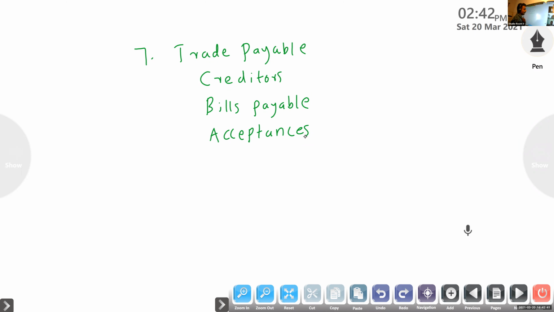Next, other current liabilities: outstanding expenses, income received in advance. What are outstanding expenses? If anything is payable, that is an outstanding expense only. Receivable means other current assets.